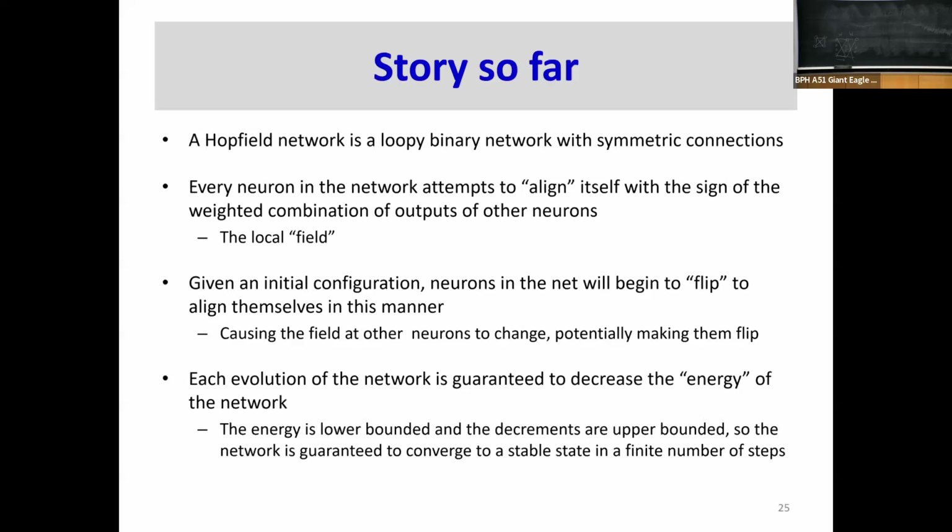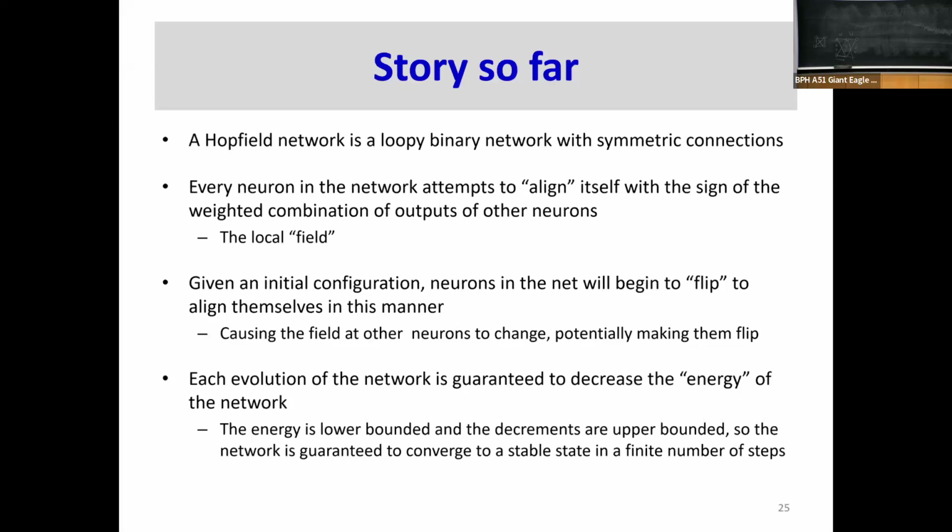So a Hopfield network is a loopy binary network with symmetric connections. Every neuron attempts to align itself with the sign of the weighted combination of the outputs of other neurons, which is the local field. Given an initial configuration, neurons in the net will begin to flip to align themselves in this manner, causing the field at other neurons to change, which may cause the original neurons to go right back and flip.